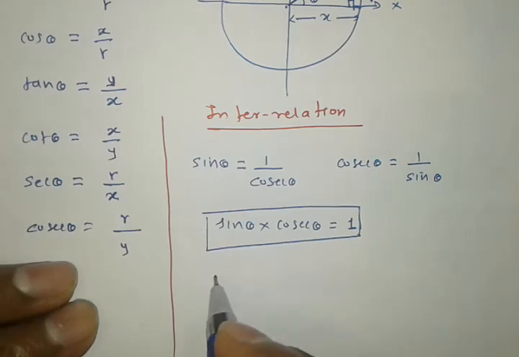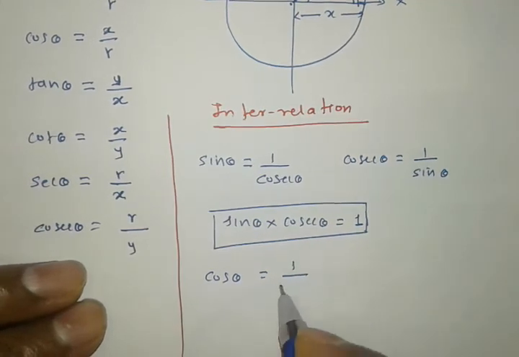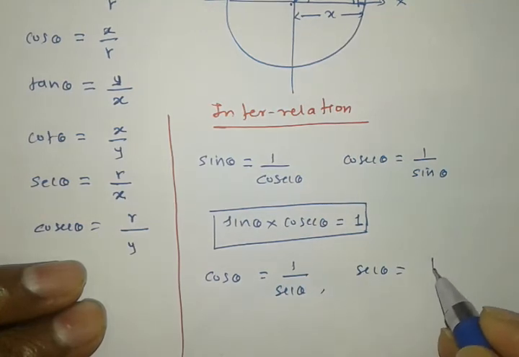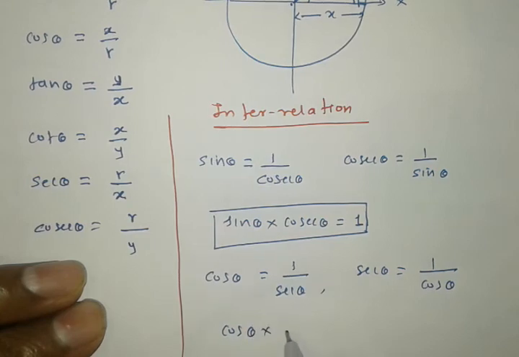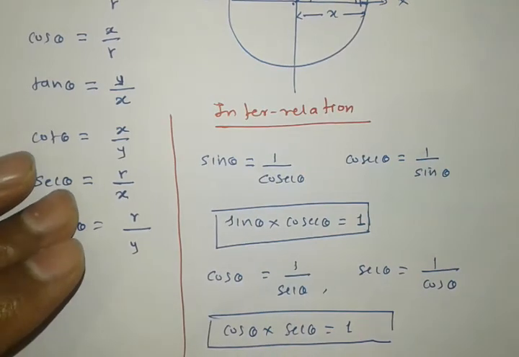Then second one, cos theta is equal to 1 upon sec theta, or sec theta is equal to 1 upon cos theta. Cos theta into sec theta, that multiplication is also 1.